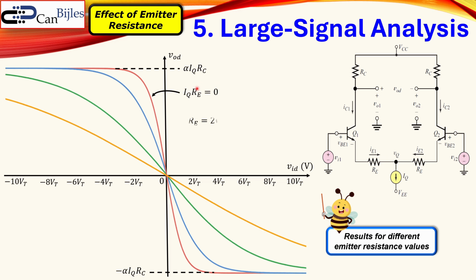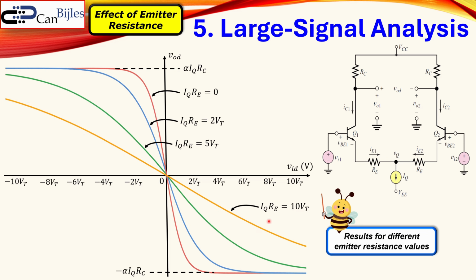Now if you increase that, that means if I now make this product 2 times VT, then you get this blue curve, which will make this linear region a little bit larger. And if I now continue and make it 5 times VT, now again you get this green curve. And if you make it, for example, 10 times the VT, then you get this linear region much wider. So if you increase to 20 VT or maybe 60 VT, then you get it wider and wider and wider.